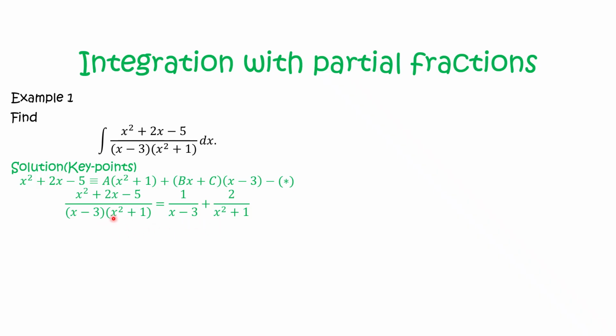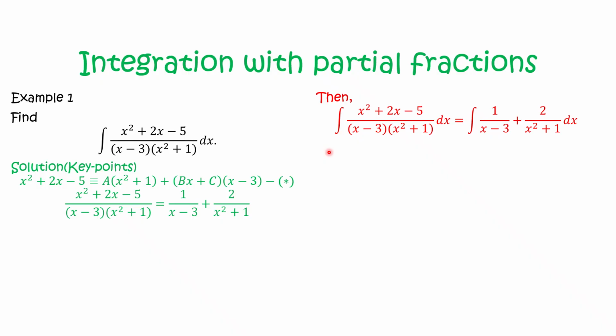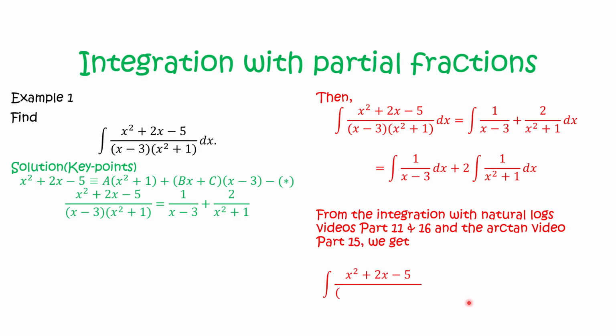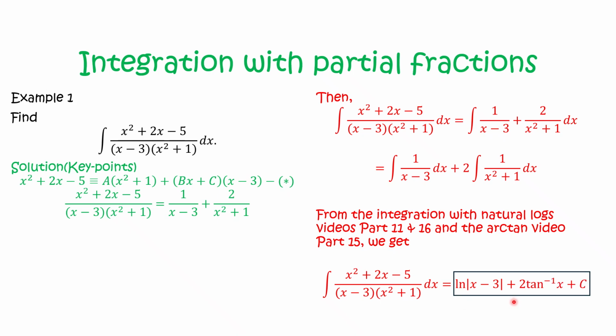And you would recall also from the integration with the natural logarithms videos part 11 and part 16, as well as the arctan video, we have this scenario over here. So that would give us the natural log of the modulus of x minus 3 plus 2 times the arctan of x plus c. And I encourage you to check this video out.